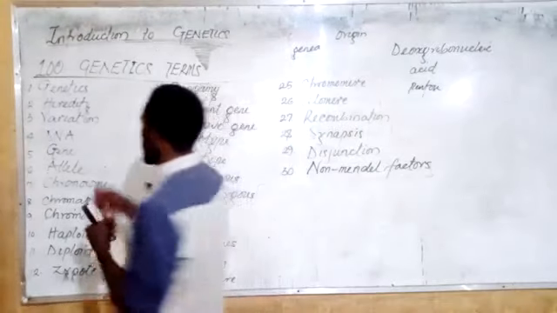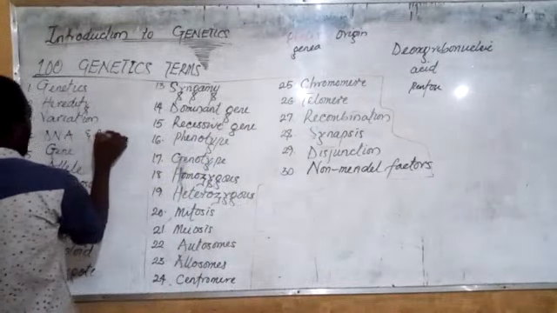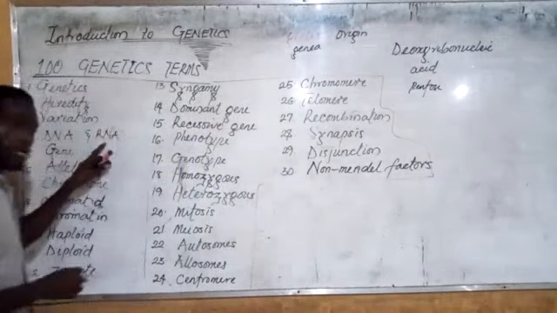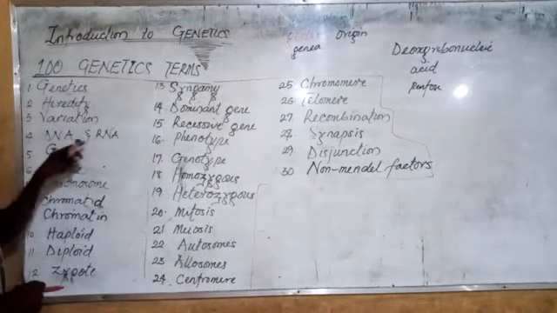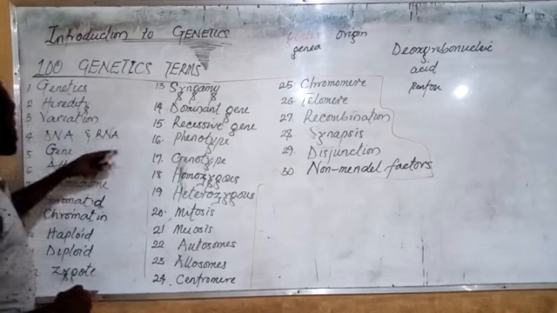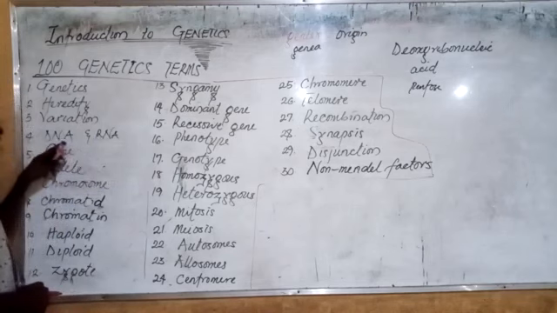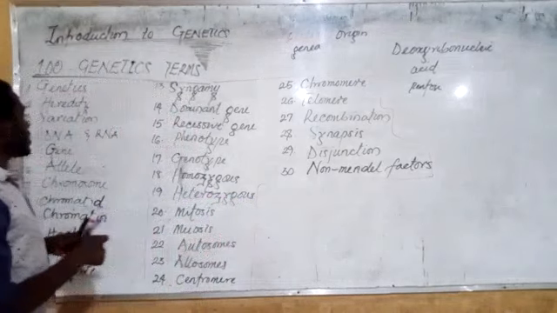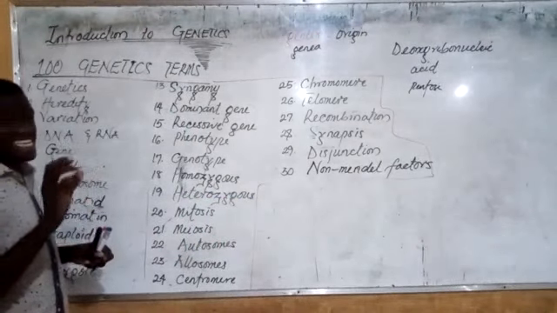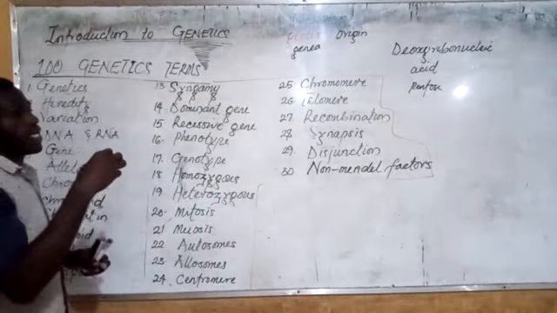All right. So then of course there is also the RNA. So I'm going to be treating DNA and RNA. RNA is basically the ribonucleic acid. All right. The basic difference between DNA and RNA is that first, there's a difference in their structure, and of course, there's also a difference in their function.